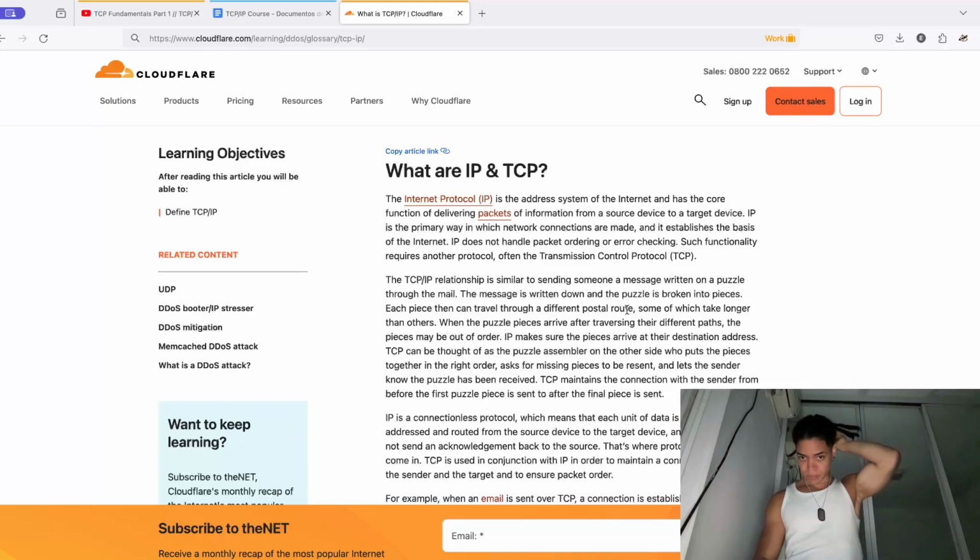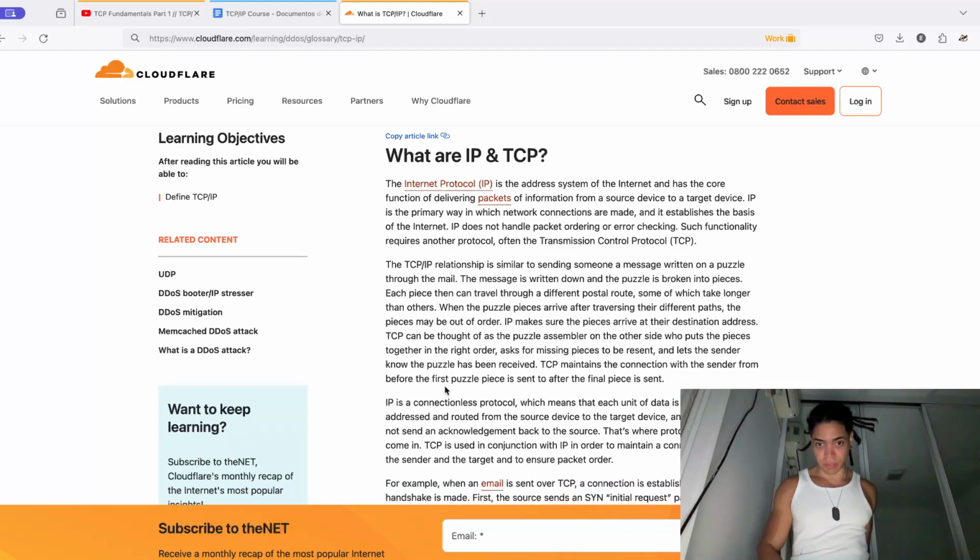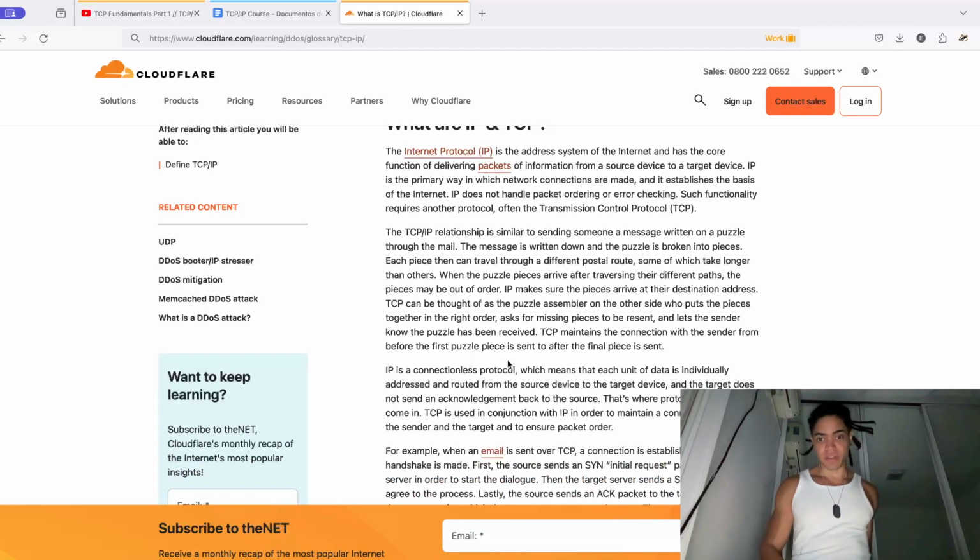When the puzzle pieces arrive after traversing different paths, the pieces may be out of order. IP makes sure the pieces arrive at their destination address, and TCP can be thought of as the puzzle assembler on the other side, who puts the pieces together in the right order, asks for missing pieces to be resent, and lets the sender know the puzzle has been received.